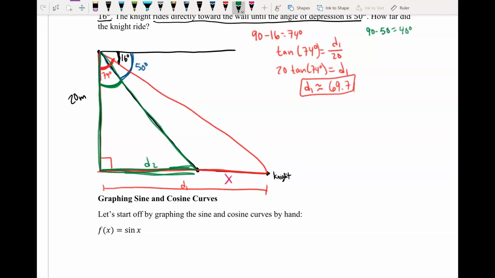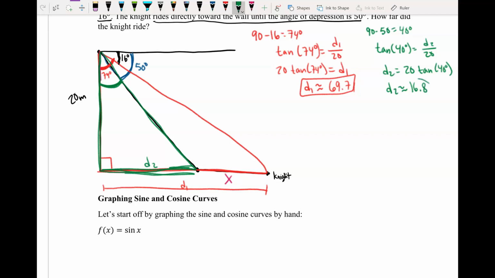So tangent of 40 degrees is equal to D2 over 20. I multiply by 20 on both sides. So D2 is approximately 20 tangent of 40 degrees, which gives me 16.8.